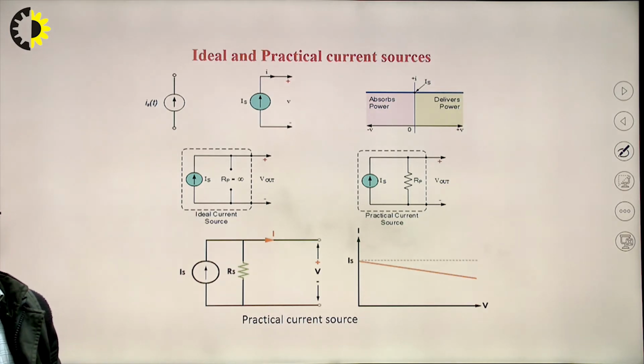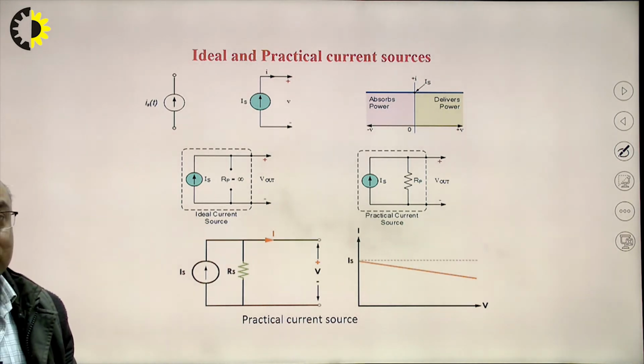Whatever is the value of the load resistance connected across the terminals of this source, the current supplied by the source remains constant because the internal resistance of the source is infinite.